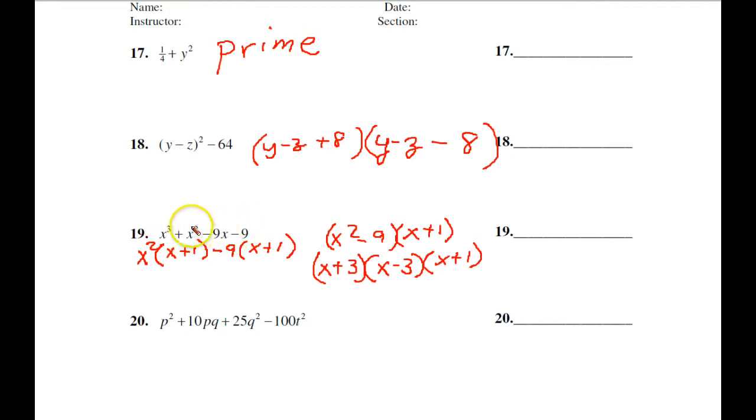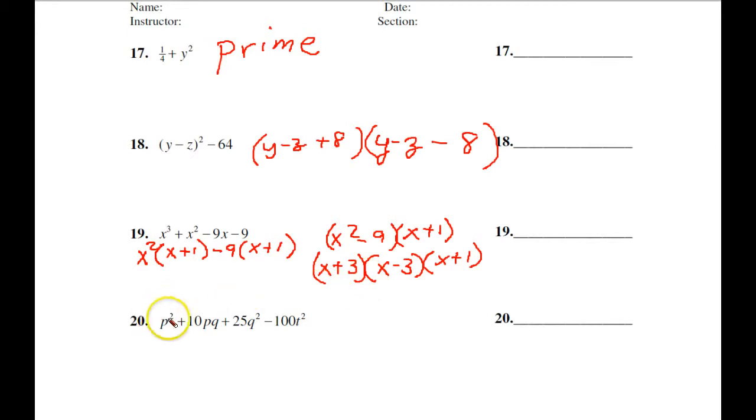Factor by grouping. So out of these two, I factored out the x squared. Out of the last two, I factored out a negative 9. Then I put it into this form. But then I noticed here, this could still be factored. And there's our answer.